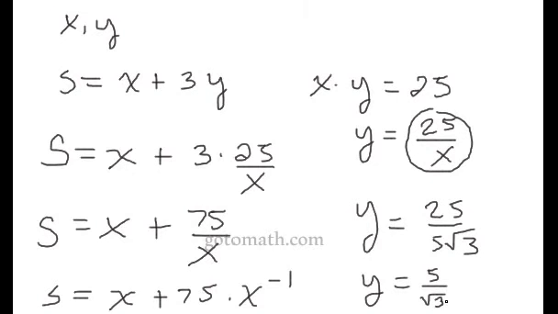Of course, we usually want to rationalize the denominator, so we're going to multiply the denominator times the square root of 3, the numerator times the square root of 3, and this should all simplify down now. Square root of 3 times square root of 3 is 3, and we have 5 times the square root of 3 on top. So there you go.